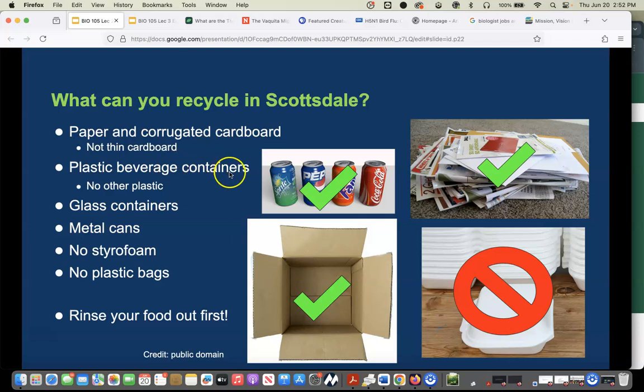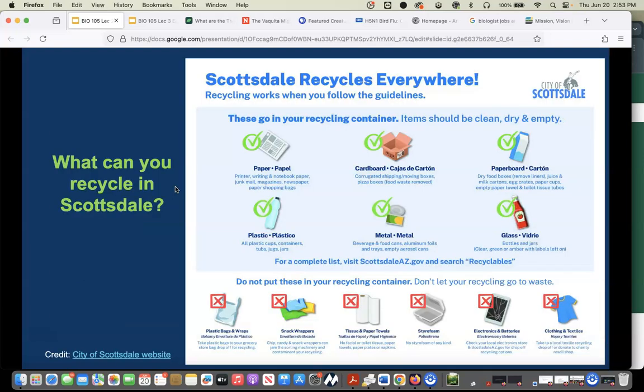Plastic beverage containers, yes, you can recycle these. They're limited on plastic. So when you look at plastic containers, please be cautious to look at whether that container is the right number of plastic that could be recycled. And also, the other thing that you want to look at is, did it contain a hazardous product?